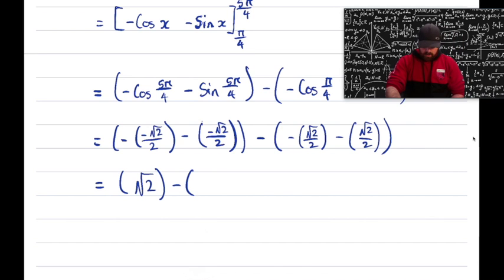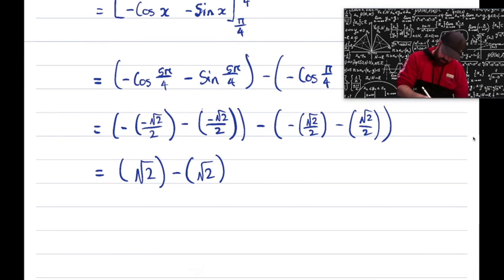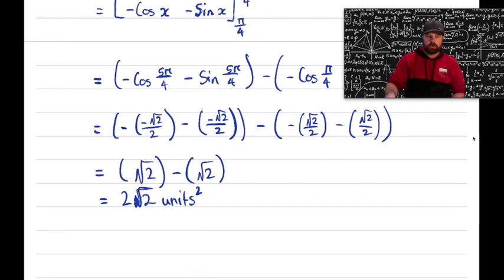Minus, over here, this one minus this one, we're going to get minus root 2. So our final answer is 2 root 2 units squared. Alright, hopefully that was okay.